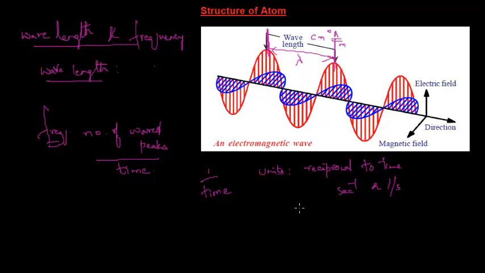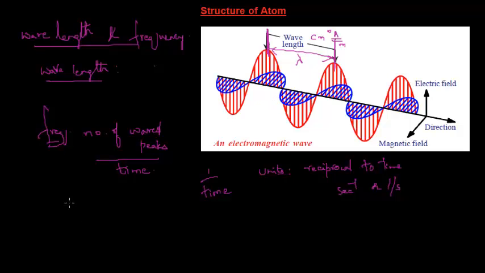As the wavelength increases, the number of peaks passing by a given point per unit time will decrease. Wavelength means this distance. If it increases, what happens? The number of peaks will decrease in a given particular time frame.